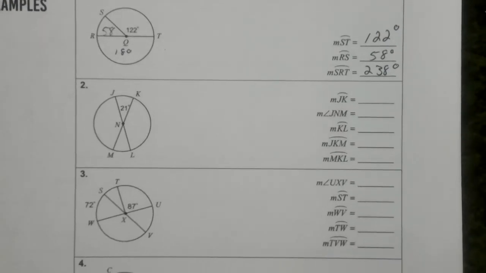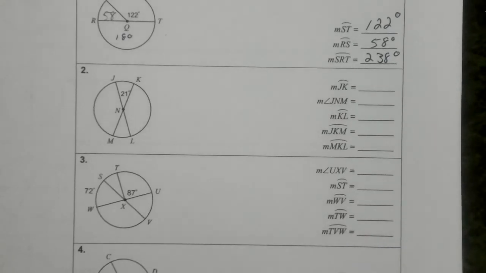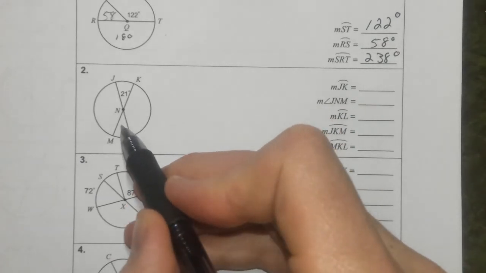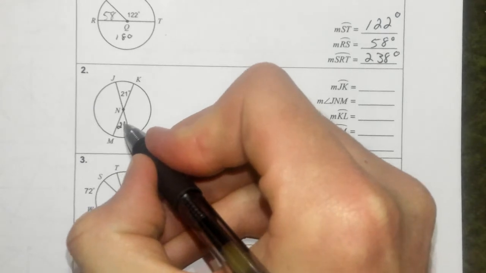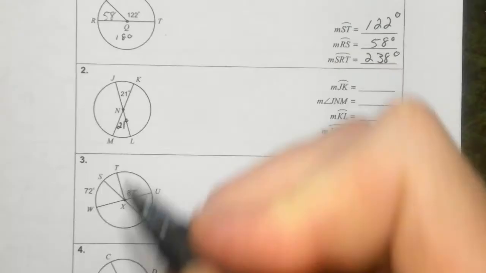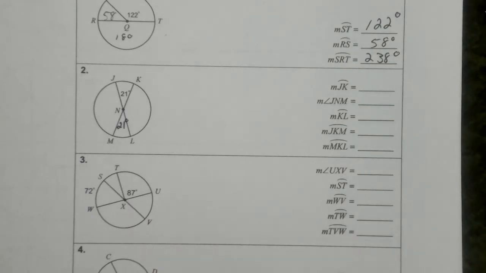Let's look at number 2. The first thing I see here is that this angle is vertical to that one, so they're going to be the same. So I'm going to go ahead and write 21 degrees in there. Now these two are also vertical, so they have to be the same.